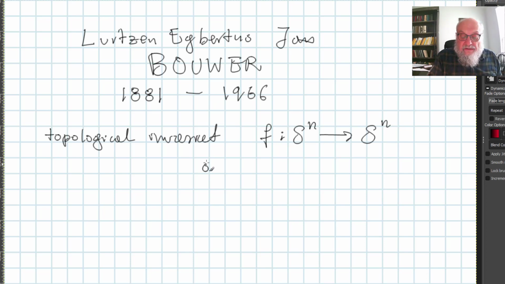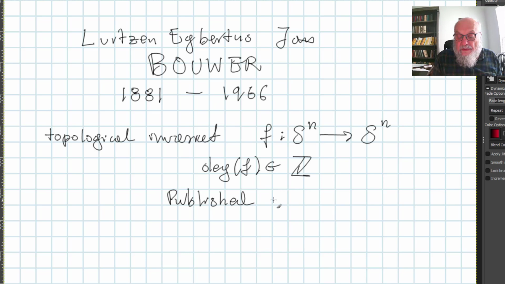It turned out that this degree is an integer number. So it was published in 1911.